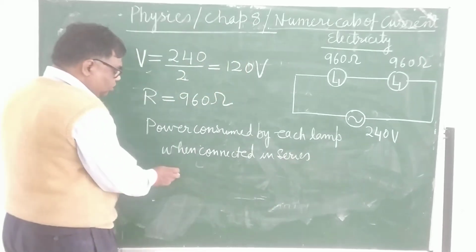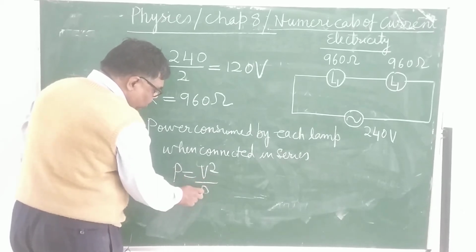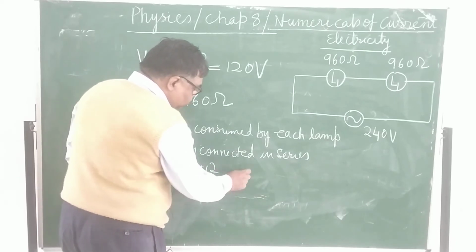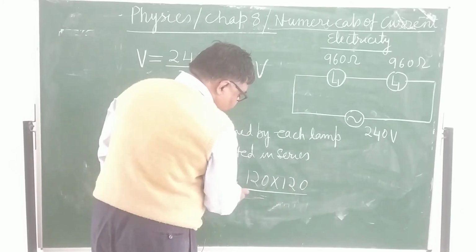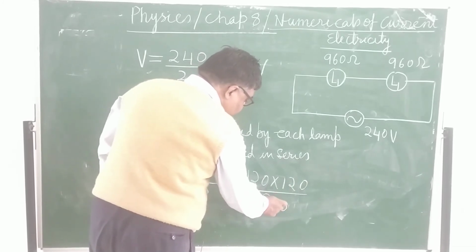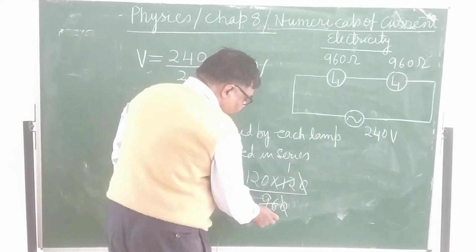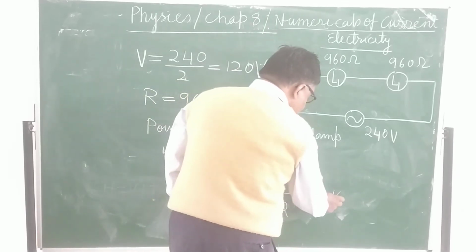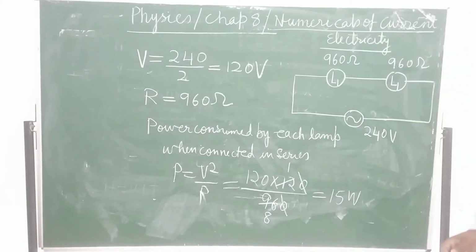It will be equal to V square upon R. But now V is 120. So it is 120 into 120 upon 960. This and this cancel. It will be equal to 15 watt, while earlier it was 60 watt.